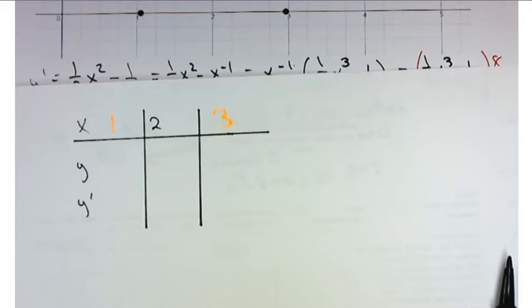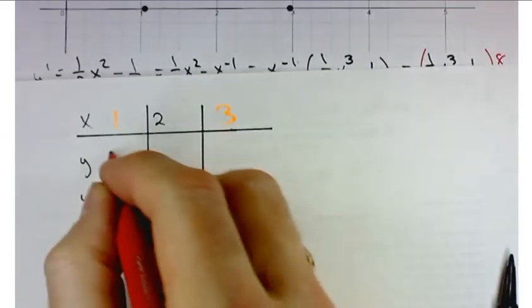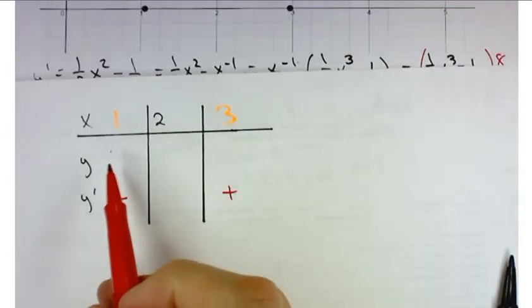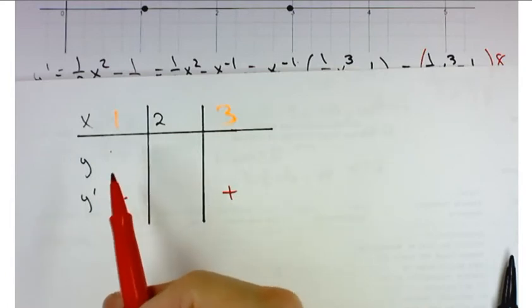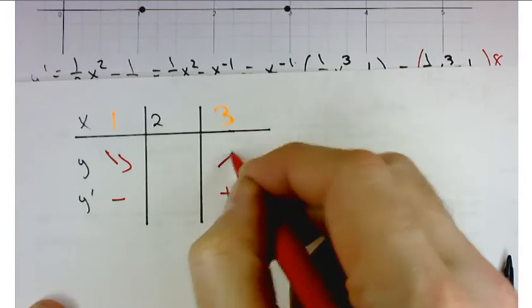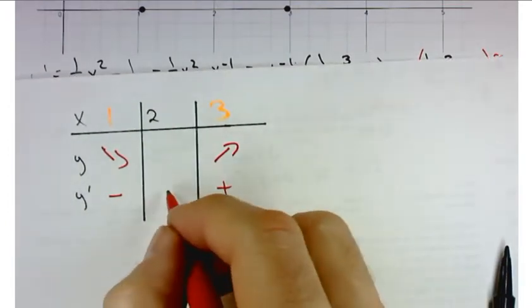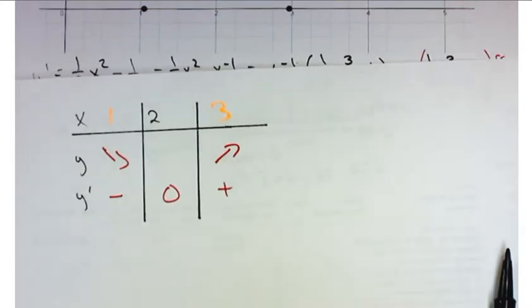Let me help out in this particular case and just give you the answers. It's going to be negative and positive. So if it's negative, what's that saying about y? Decreasing. And then increasing. Now the derivative at 2 is 0, but the value of the function at 2 is not 0.